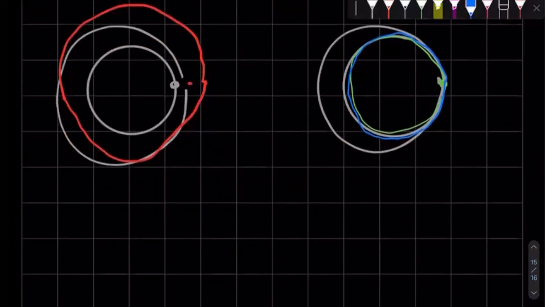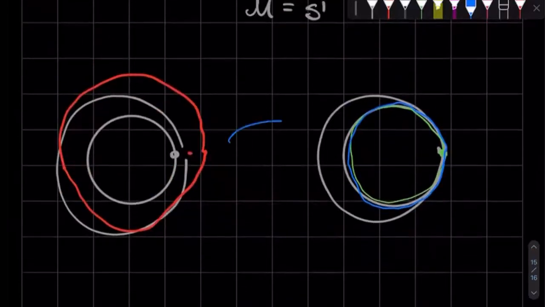So for the circle, this is a map which winds around the circle twice. So we say that the winding of this map, the winding number, is 2. Okay?